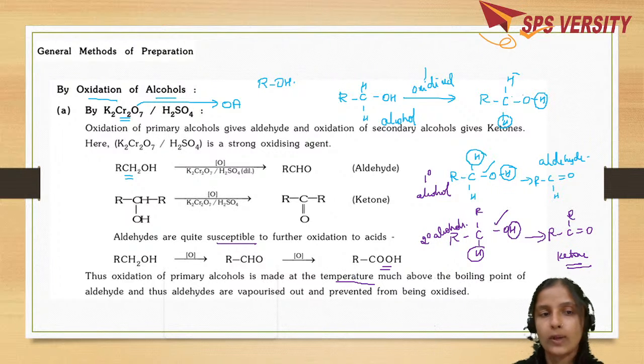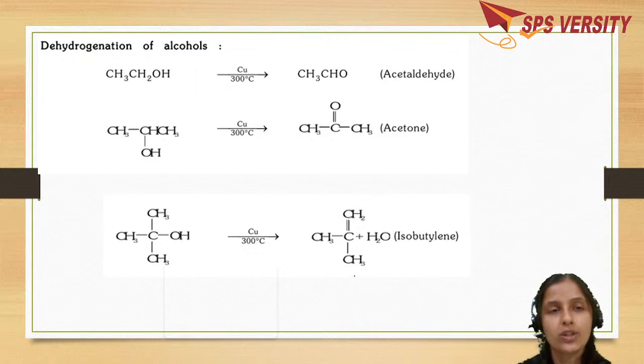That is what is meant by susceptible. But the major thing you have to remember is aldehydes are obtained from the primary alcohols, and the ketones are obtained from the secondary alcohols by oxidizing them with strong oxidizing agents like acidified potassium dichromate.